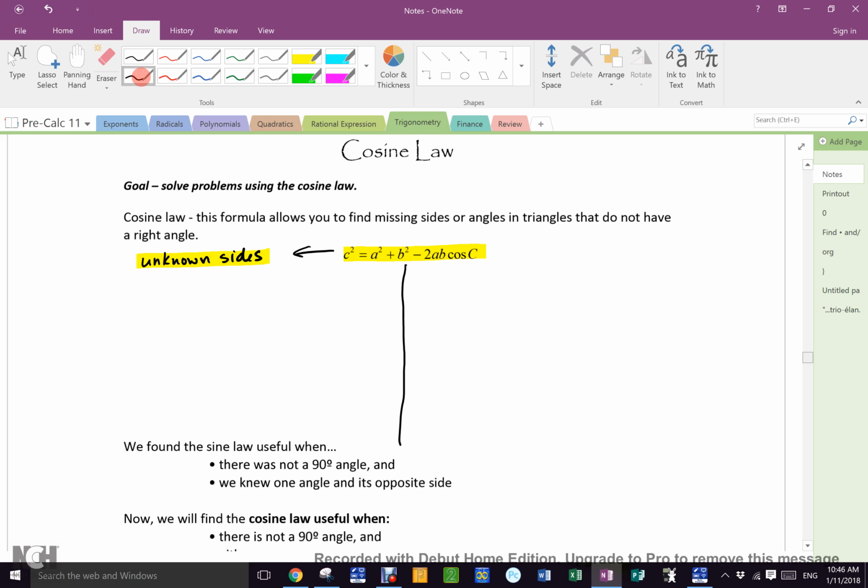So you got to remember when using this side, you will get the side squared. So you must square root your answer.